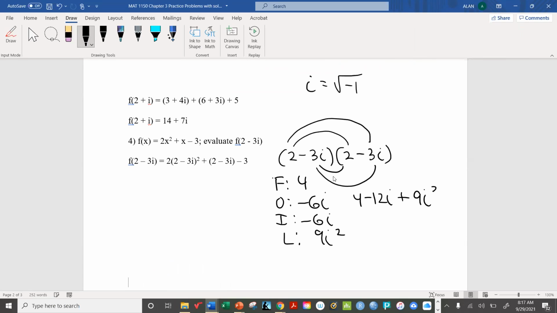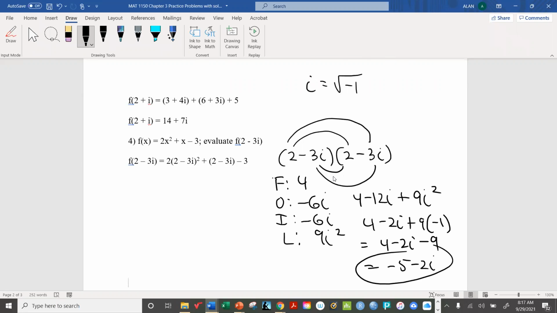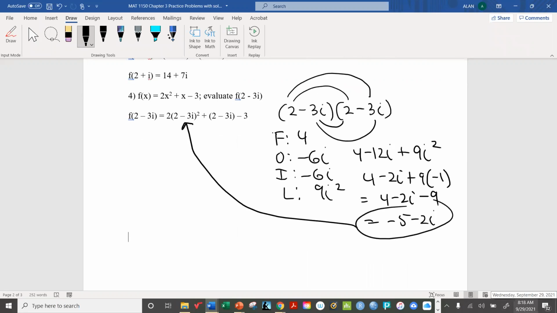And then again, we recognize that this is just 9 times -1. So that's what goes into these parentheses, okay? So we can rewrite this now as 2 times (-5 minus 2i) plus, I'll keep this one in parentheses, (2 minus 3i) minus 3.